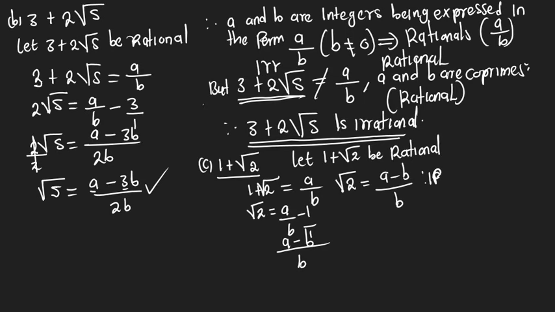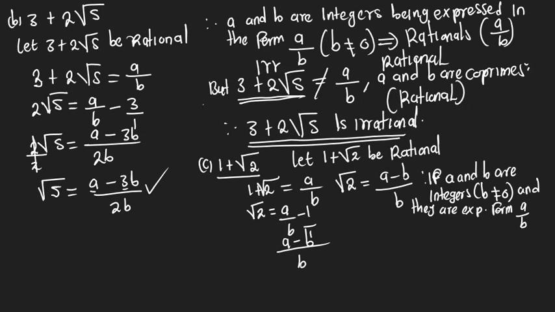If A and B are integers, where B is not equal to 0, and they are expressed in the form A over B, then A and B are rational. True. That is very true.